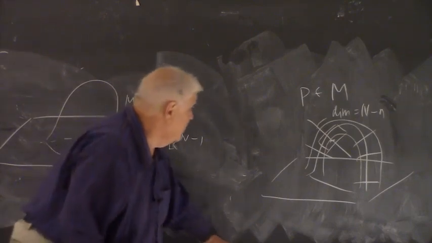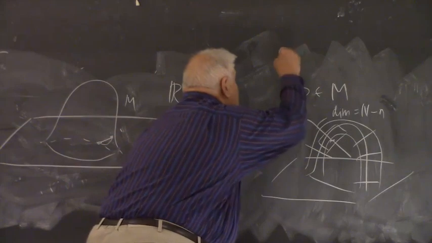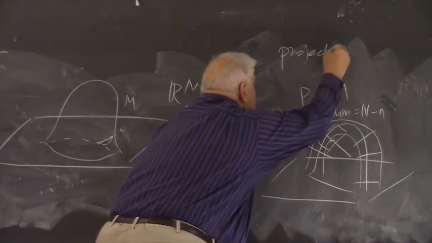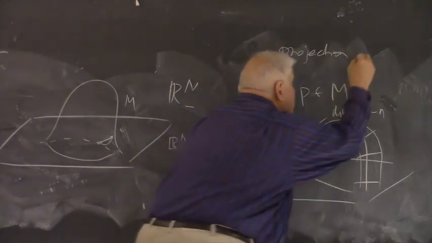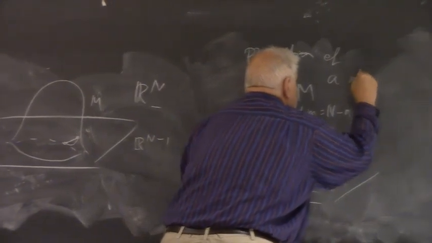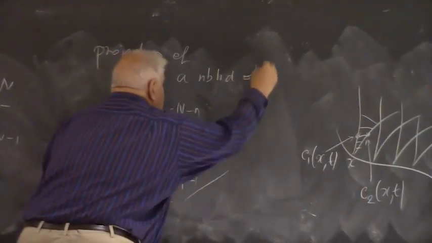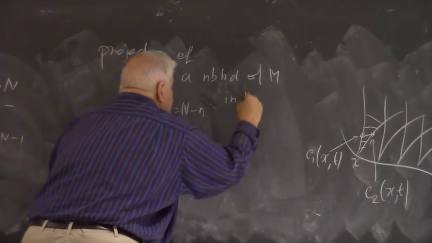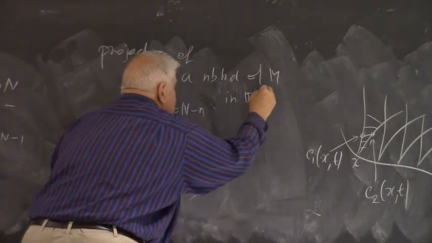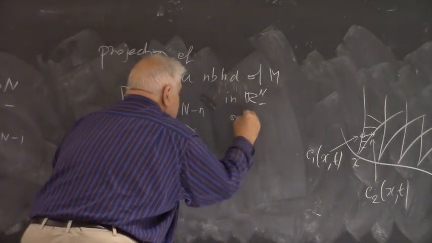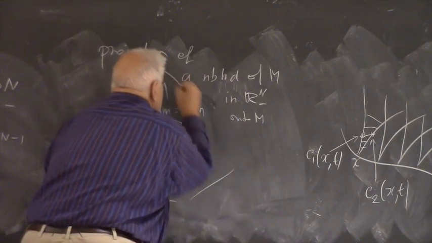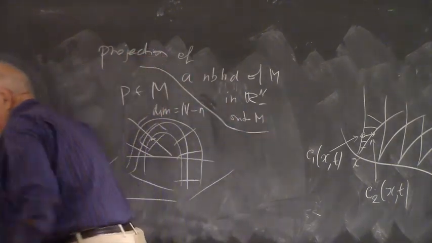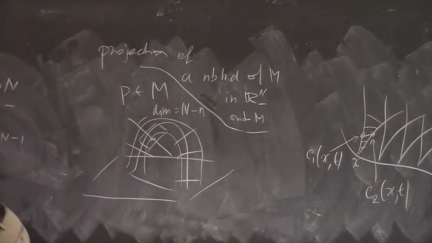And this gives you a projection of some neighborhood of M in R^N onto M. When I say projection, I mean that on M itself, the projection is the identity.